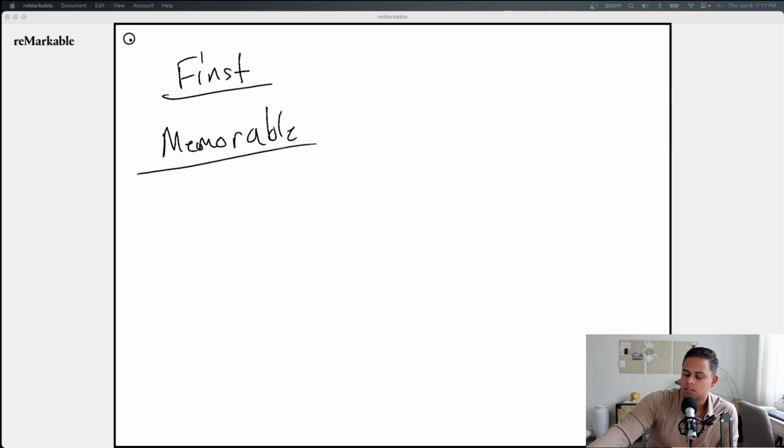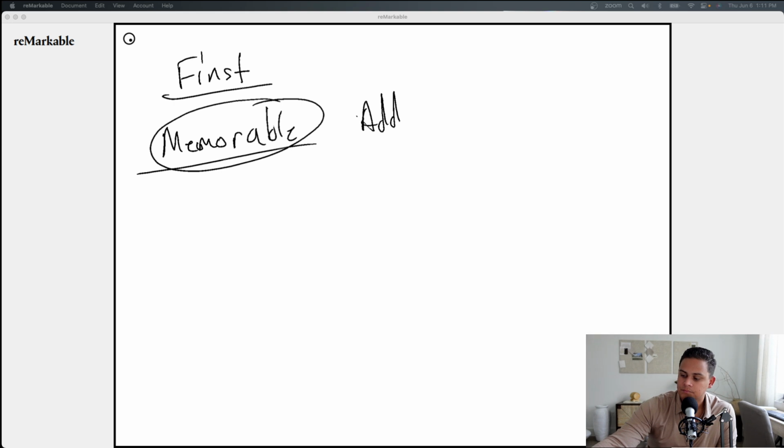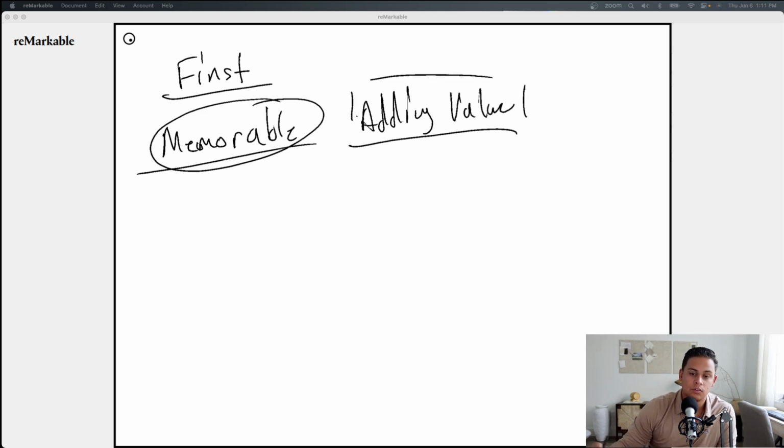Perfect. So you need to make sure that they're remembering you. And how you make sure that you are memorable is by adding value. If we are not truly adding value, and this word gets thrown everywhere, every single day.